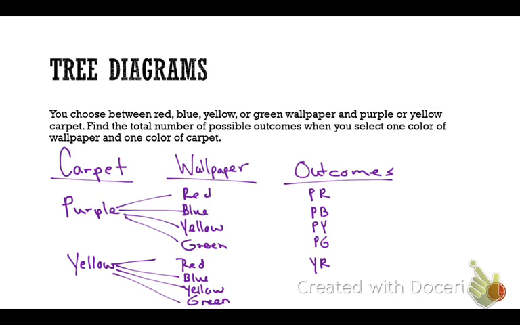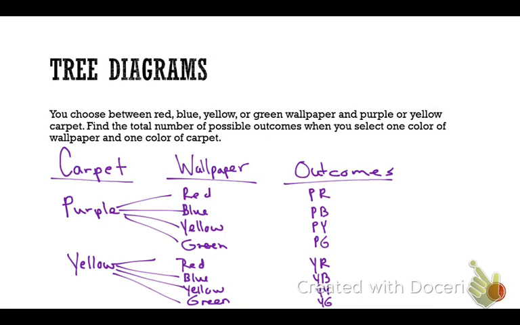I technically don't, no, wait, I don't have a yellow red. All right, let me keep going. Yellow, blue, yellow, yellow, green. I thought I was going to have a combination that was opposite, but I don't.